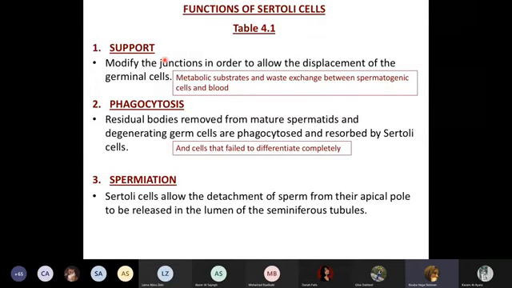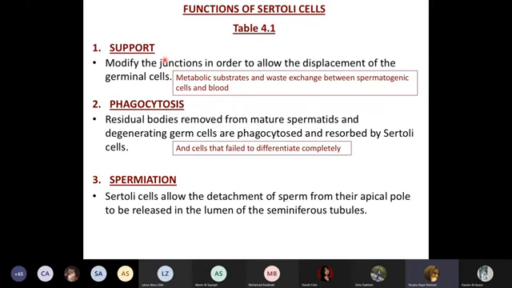So these supporting cells can modify the junctions in order to allow the primary spermatocytes that are in the pre-leptotene stage to pass to the luminal compartment. So they will modify the junctions in order to allow the displacement of the germinal cells. So they are supporting for these cells.